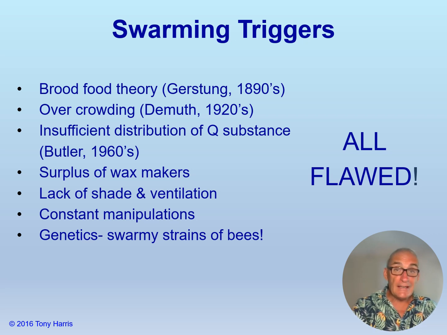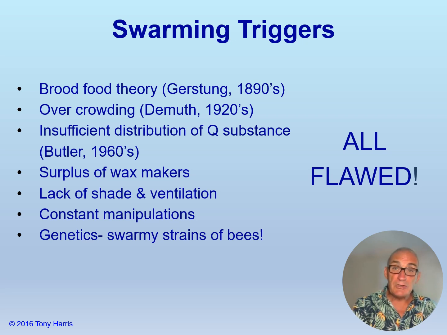The theory that lack of shade and ventilation encourages swarming was popular in the late 1800s as well, but was really considered an example or byproduct of crowding and not a trigger in itself. And there is no evidence to support the theory that colonies that are more heavily manipulated are more prone to swarming. And in fact, all of these theories put forward as a swarming trigger are all flawed.